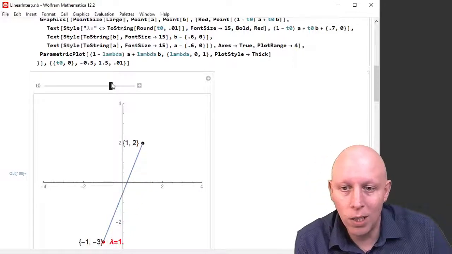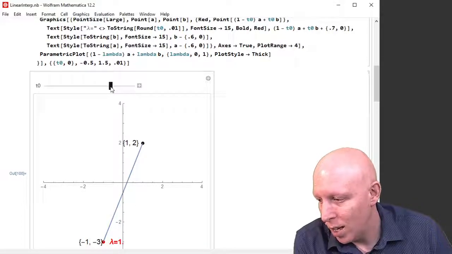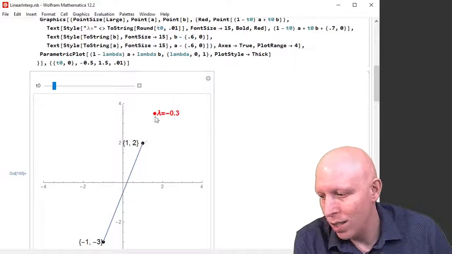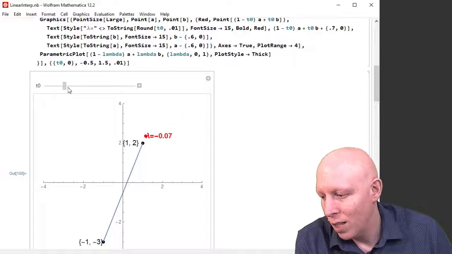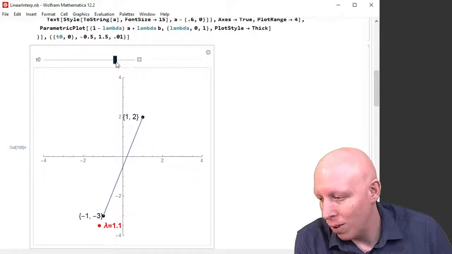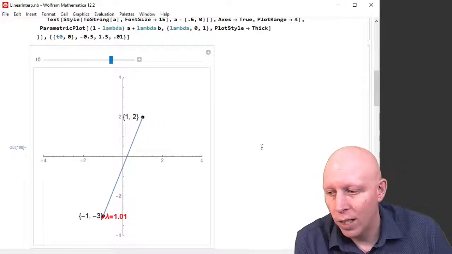And so what we have here is now a line that goes between those 2 points, and if we extend lambda to be negative, then we're on this side of this point, and if we let lambda get positive, then we end up on the far side of this point. But everything between 0 and 1 stays between our 2 points, 1, 2, and -1, -3.